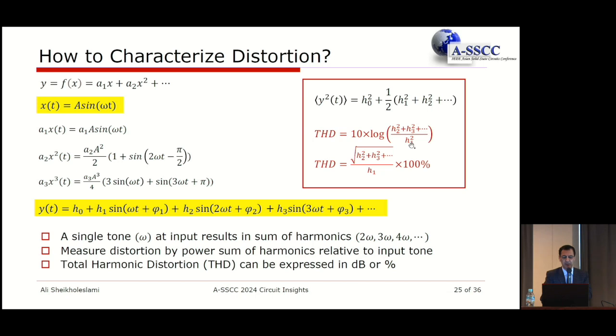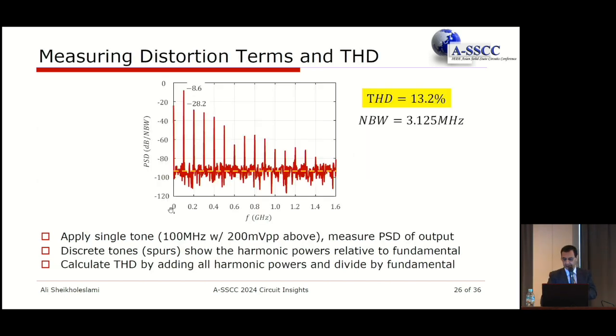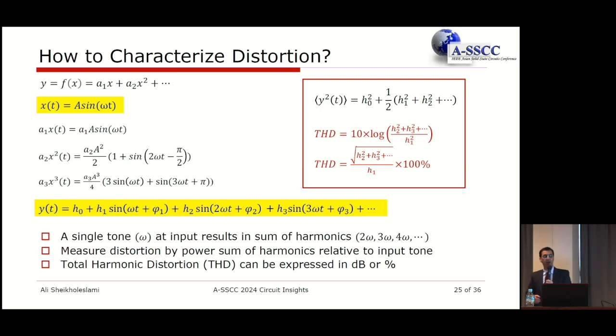But it's very clear, because the good news is this. When you have a signal that has multiple frequencies, their powers add up linearly. In other words, they're orthogonal to each other in the frequency domain. So all you need to do is take h1 squared, h2 squared, h3 squared, and then you have all the terms that you need. You can either divide and get the total harmonic distortion as a percentage, or define 10 log of this and express it in dB.